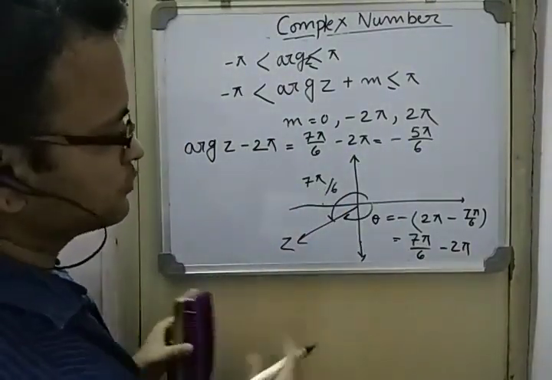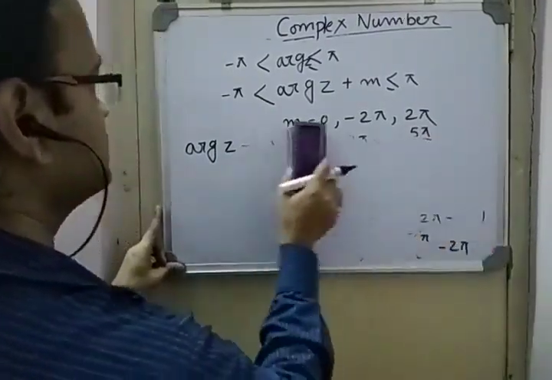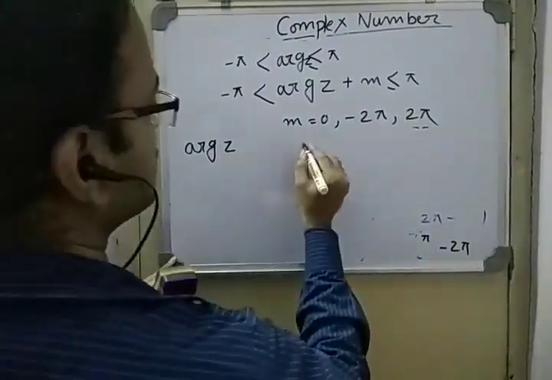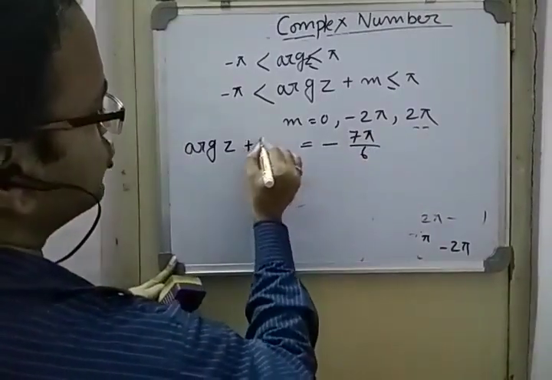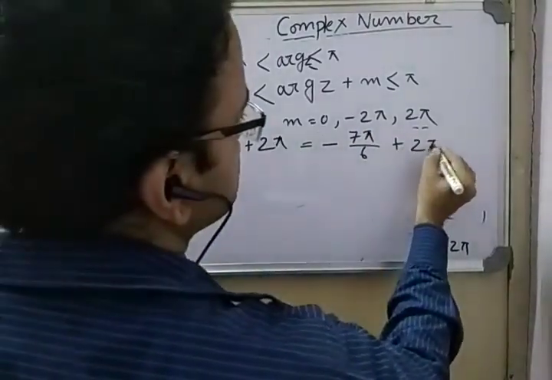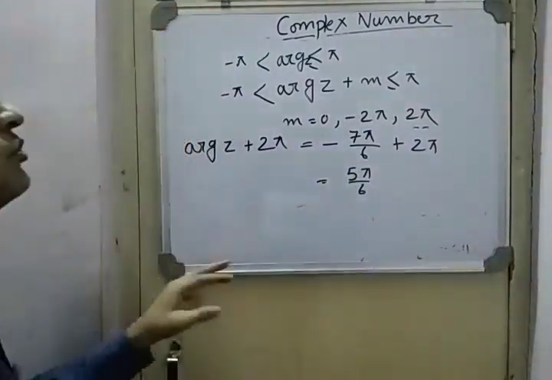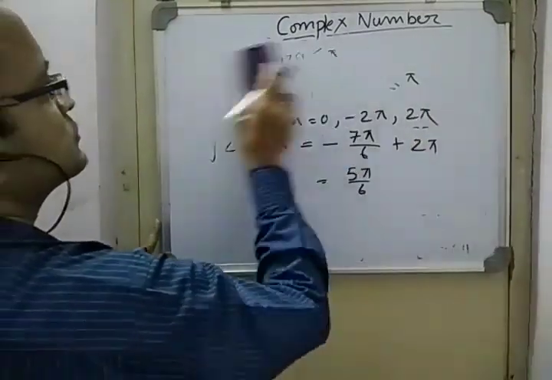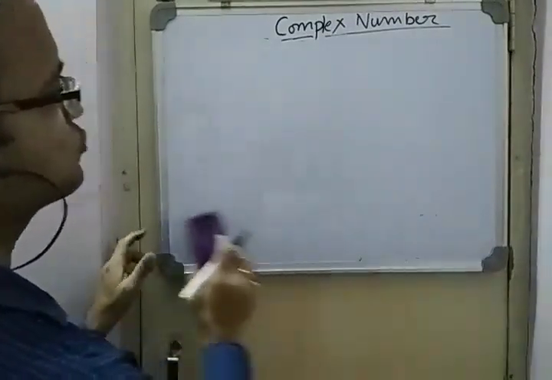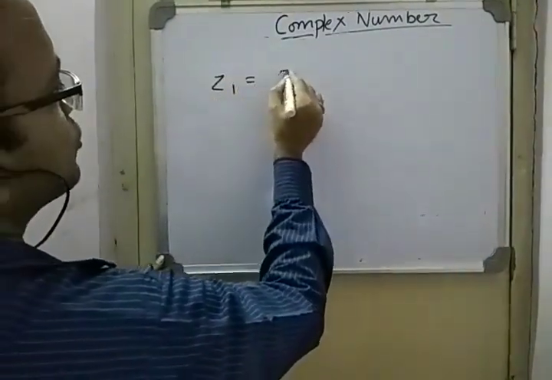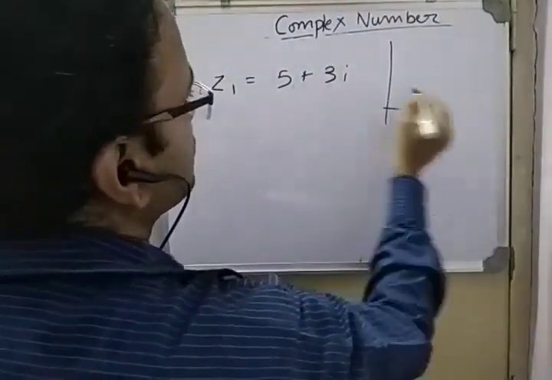In a similar way, if some angle comes less than minus pi, suppose the argument of z is coming as minus 7 pi by 6, then you have to add 2 pi to it, okay? So you have 5 pi by 6. In this way, you will reach the principal value. These types of exceptions will not occur when you know, like 5 plus 3i, which quadrant it is in, you know 5 comma 3 is in the first quadrant.